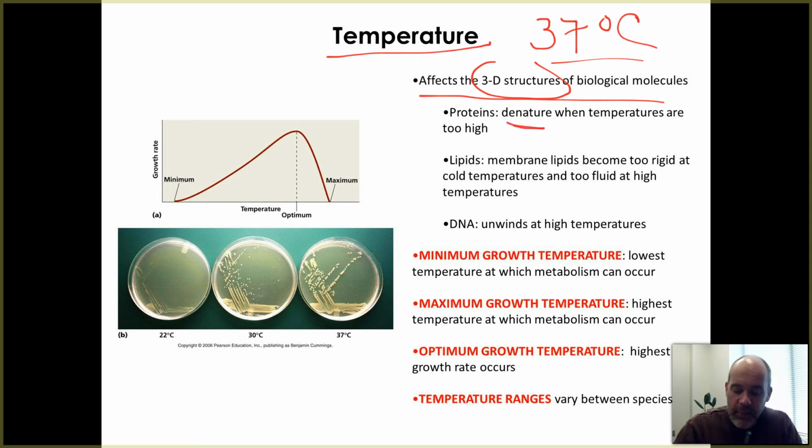When that happens, that molecule is said to denature, like a protein which has a 3D shape like my fist here. If temperatures are too high for that protein, it's going to unravel. And when it does that, it's said to denature. On the flip side, things like lipids, like your membrane lipids, they can become too rigid at cold temperatures. If they're at proper temperatures for that particular organism, the lipids in the cell membrane are fairly fluid.